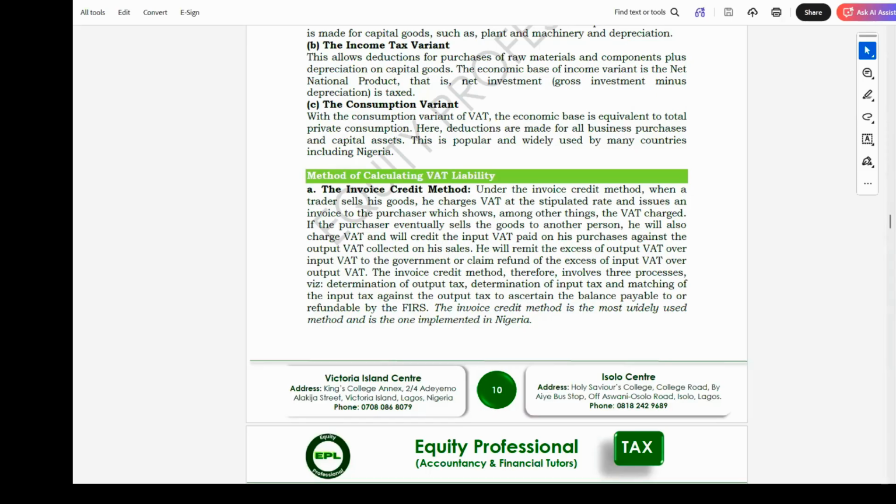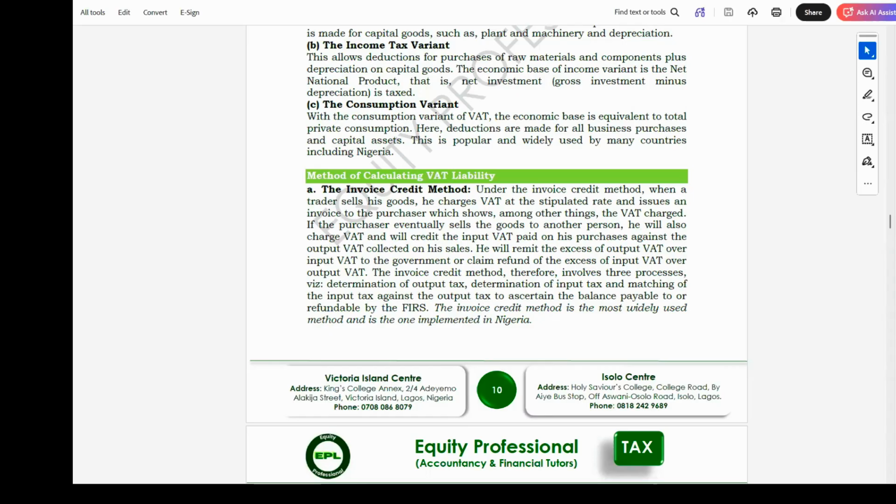Under this method, you look at the sales by calculating what is called output VAT, and also calculating the input VAT. This method involves a process whereby VAT will be calculated whenever an invoice is raised.